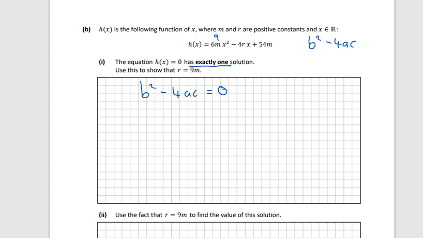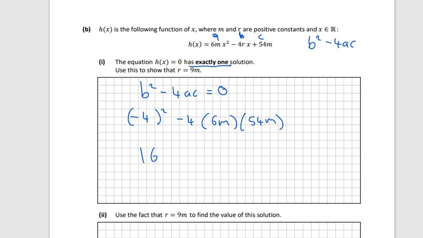And so the 6m is the a, the minus 4r is the b, and the 54 is the c. Minus 4r squared, minus 4 times 6m times c, so c is 54m actually. The equation is in x's, so 16.